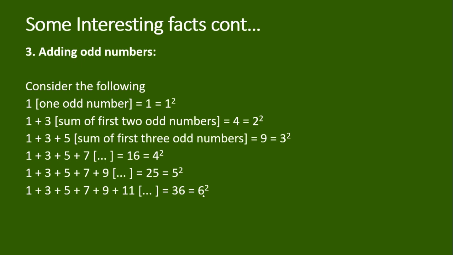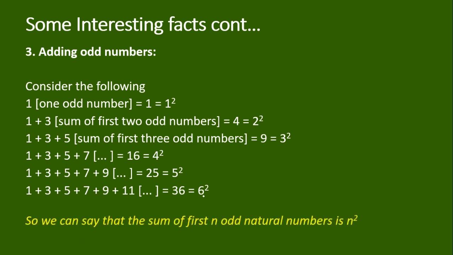Next, if you add the first 7 odd numbers, then the sum will be equal to 49, and 49 is equal to 7 square. So here you can say that when we add the first n natural odd numbers, that will be equal to n square.